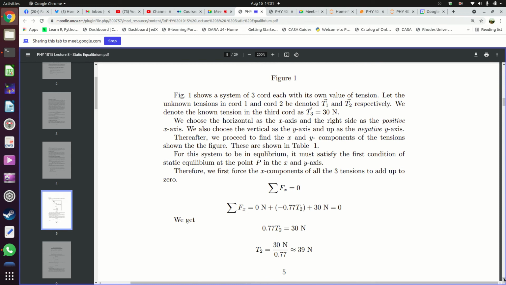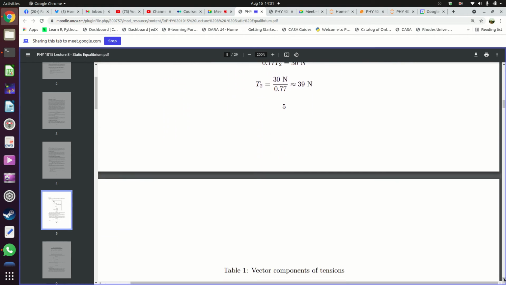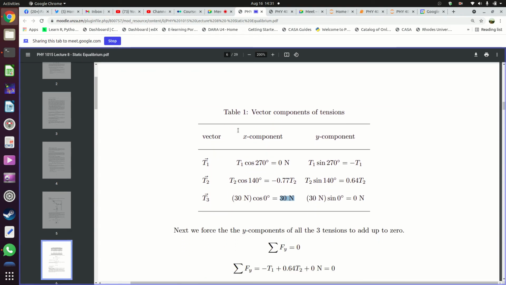Once you create a table of components, the next thing we need to do is add the x components and make sure that they add up to 0. We also need to add the y components and make sure they add up to 0.